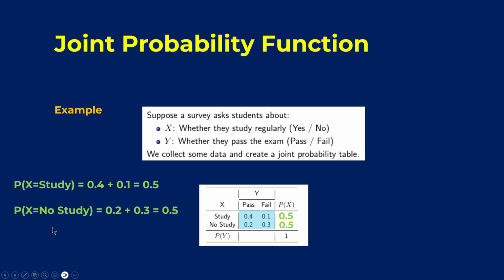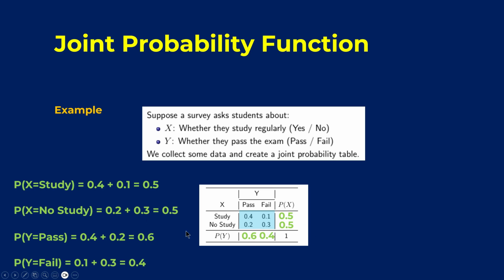Now let's calculate the marginal probabilities for y. When it's equal to pass, we are summing 0.4 and 0.2 and we get 0.6, and for fail we are summing 0.1 and 0.3 and we get 0.4. Again, if we add 0.4 to 0.6, we end up with a result equal to 1. So that is all about marginal probabilities.